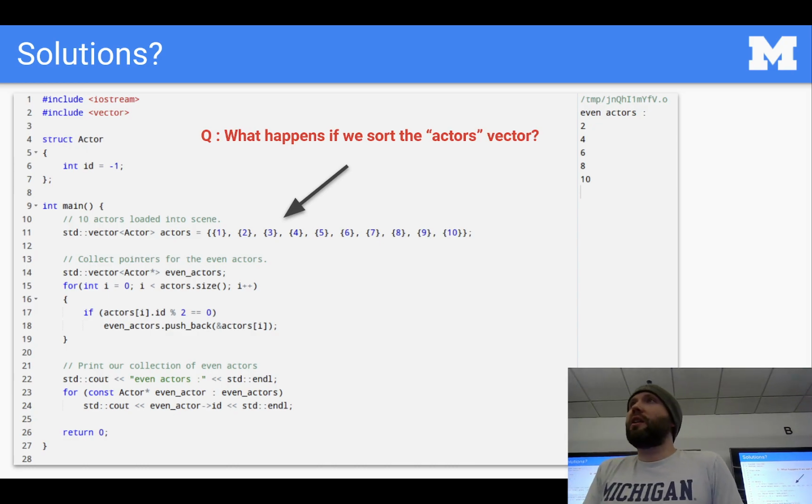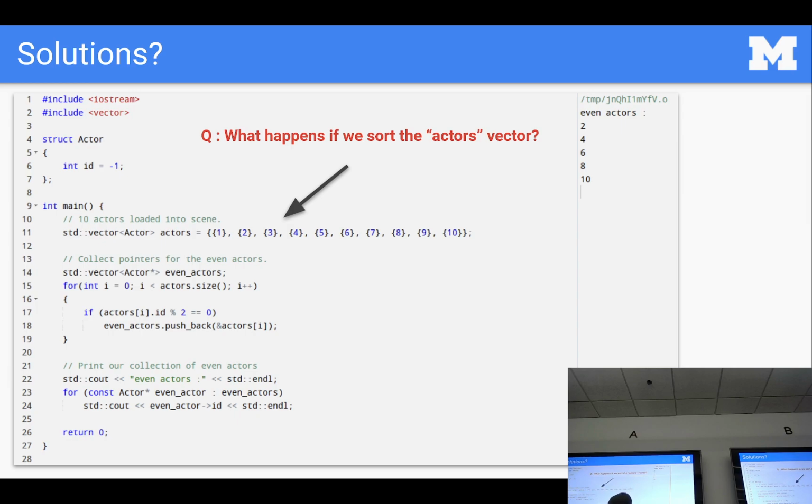And by the way, that's partly why Nikhil switched away from the approach as soon as it became possible in homework 7 to add new actors at runtime. Riddle me this. We've got our actors array, and we're not going to ever sort it. We've got our array of pointers to only the even ones.